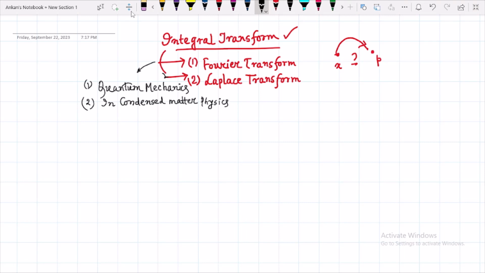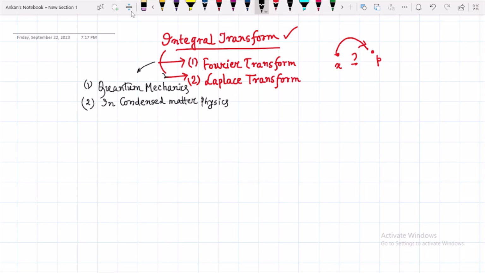So the reciprocal lattice concept is very important in the study of crystallography in solid state physics or condensed matter physics. And in crystallography, you have to apply the Fourier transform to make the transition from position space to momentum space, that is, from direct lattice to reciprocal lattice. You have to apply some transformation.